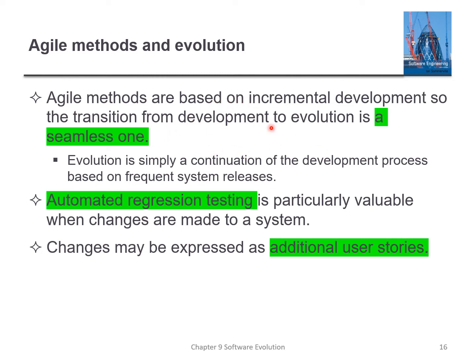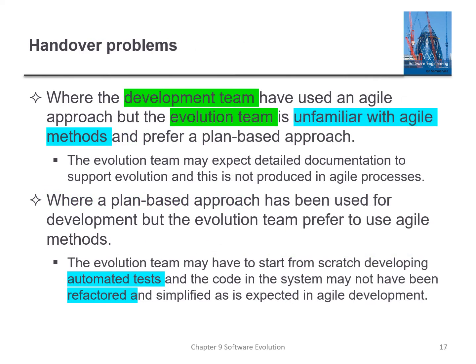In agile methods, evolution cannot be separated clearly, because evolution is actually part of agile methods, where it is supporting continuation of the development process, whereby automated regression testing is always done, and any changes to the user story, any additions to the requirements, are considered as additional user stories in every sprint, every cycle, right?